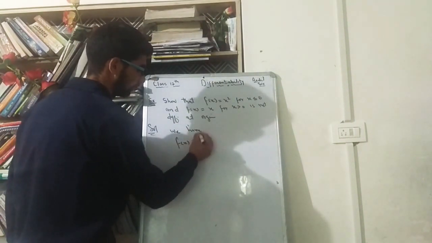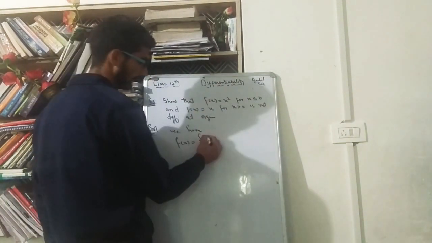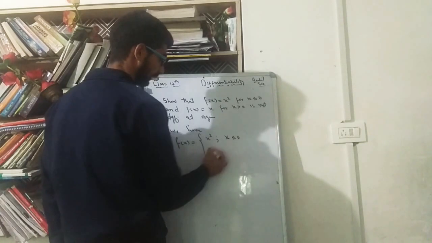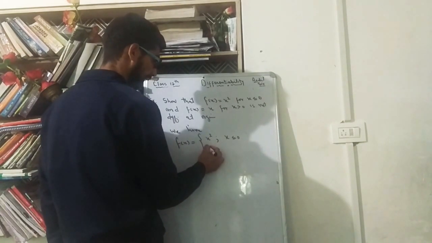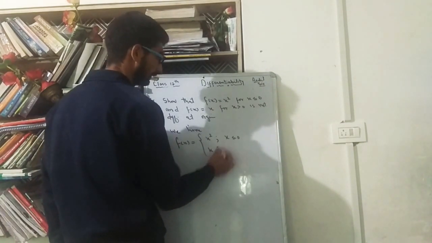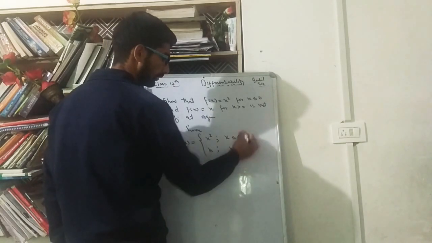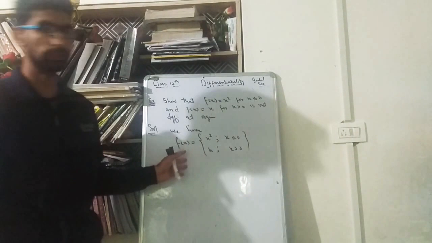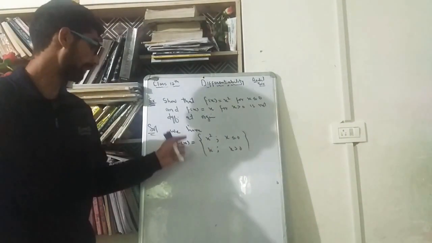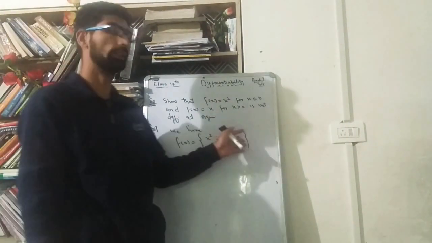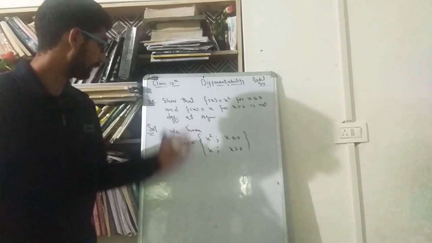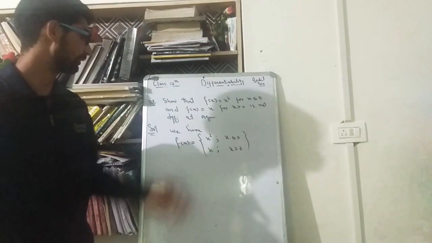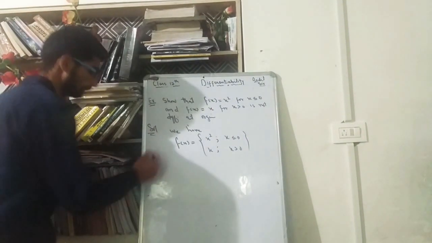Now what you have to do is find the left hand derivative and right hand derivative at x equal to 0. If the left hand derivative and right hand derivative are equal, then it is differentiable. If they are not equal, then it is not differentiable.